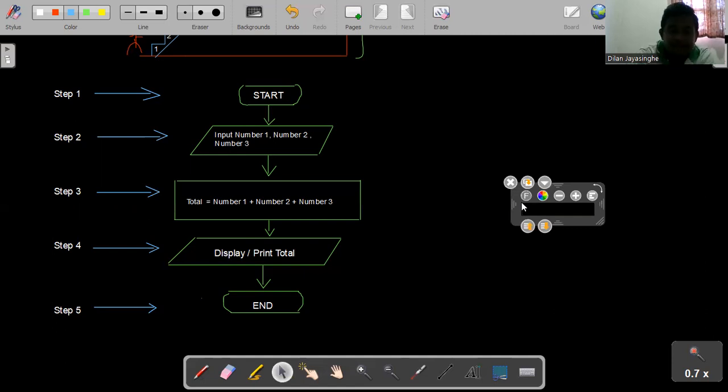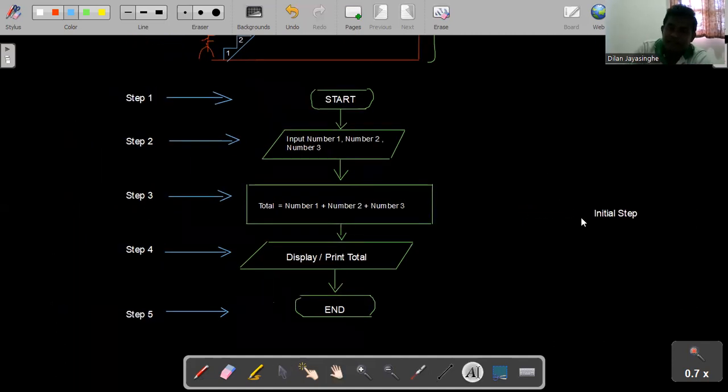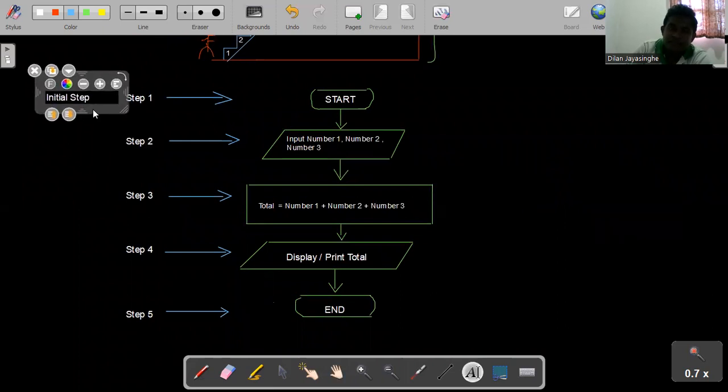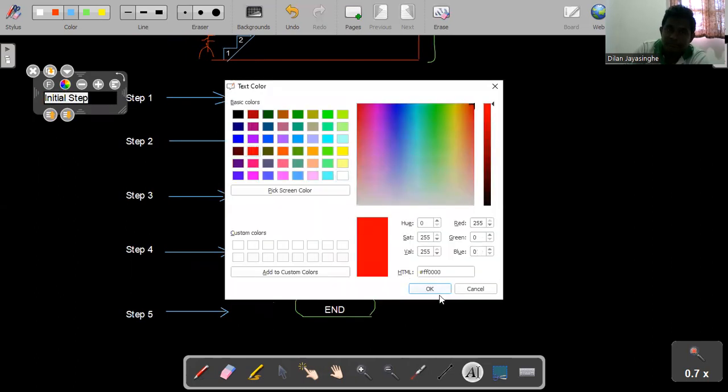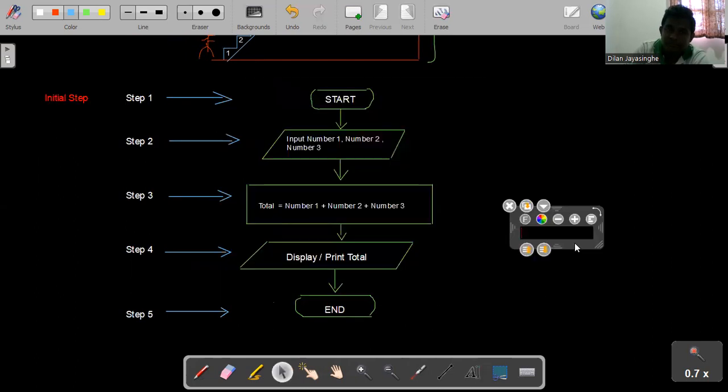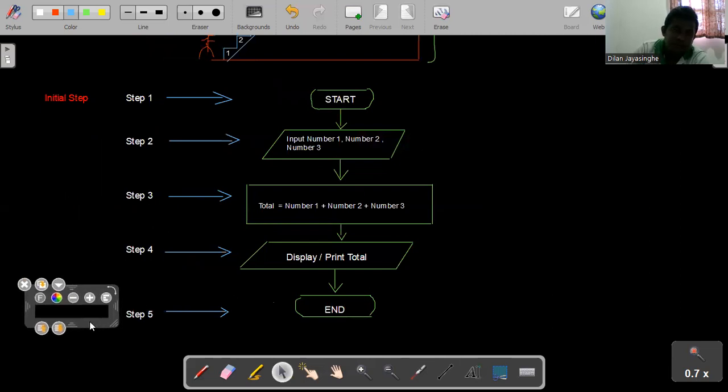Initial step, right? This is the initial step. This is the final step.